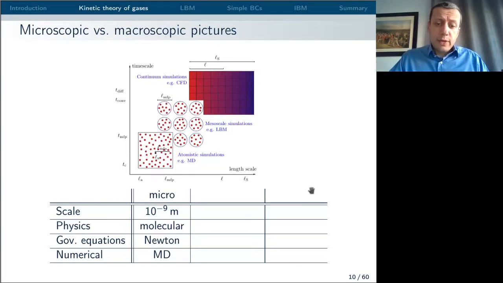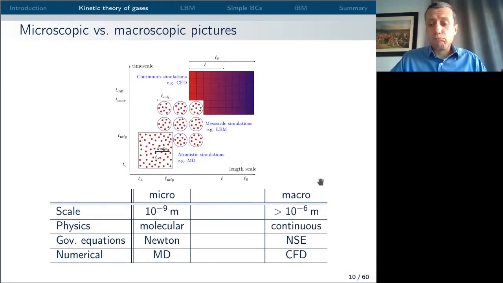On the microscale, typically nanometers, you have molecular physics, which means you have to describe molecules and atoms individually, and the governing equations are Newton's equations. For numerical methods, you would use molecular dynamics. If you go to the macroscale, typically larger than micrometers, let's say 1 micrometer, it can also be a bit lesser than a micrometer, the physics is continuous.